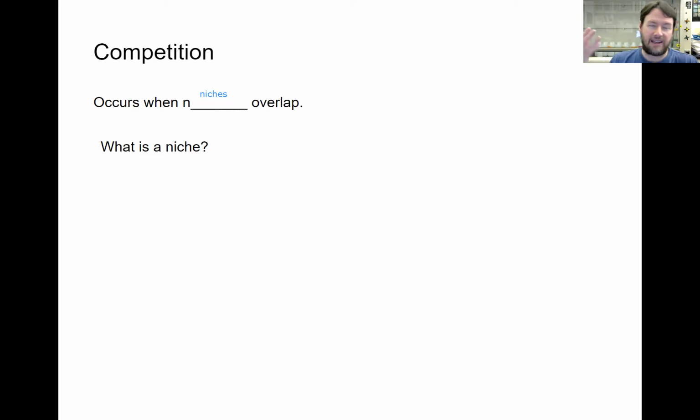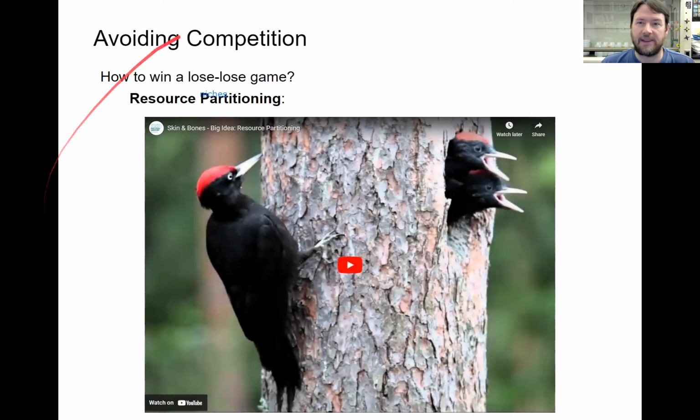Like those Asian carp that we saw on the first slide, they are outcompeting a lot of the other fish in those waterways because they're better competitors. They can tolerate a wider set of conditions than the native species could.